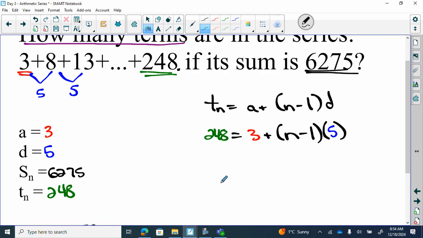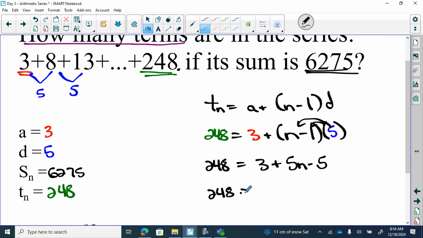We okay with that? I could multiply this out. That's what we did in the last one. 248 equals 3 plus 5n minus 5. Is that okay? Group your like terms. 5n minus 2. What would you do from here?